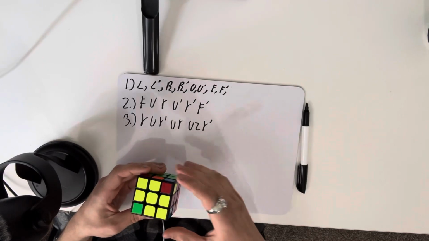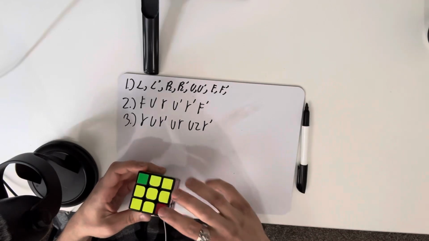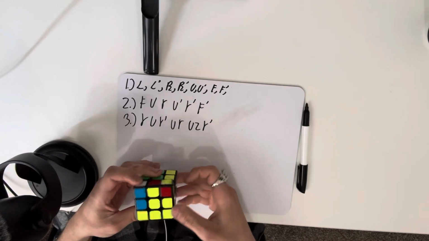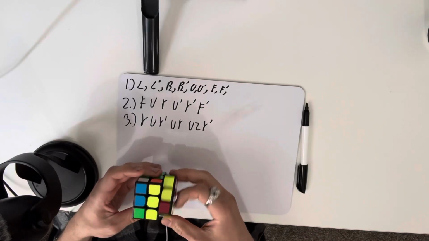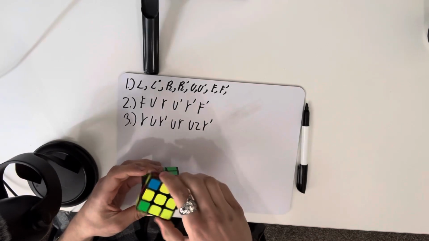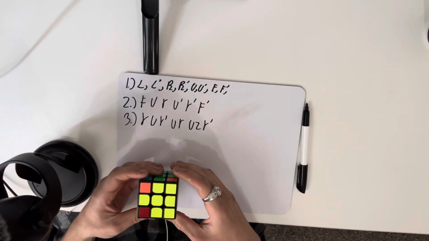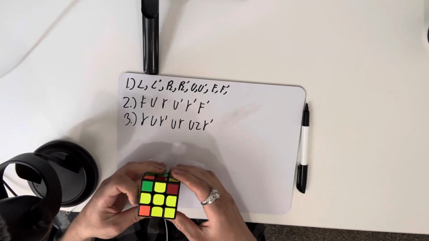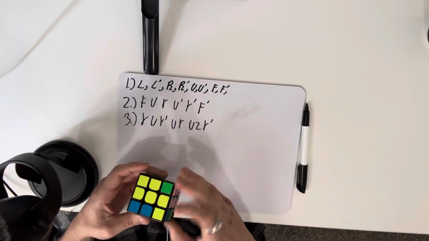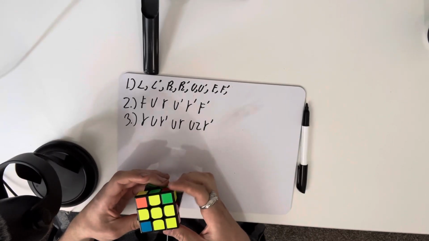This is almost a fish, but not quite. Still do it as if it were, because then I believe it makes it easier. Yeah, it's been a very long time since I've done, I think it's called 2-look.